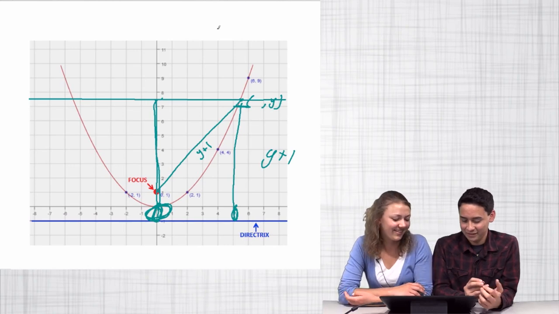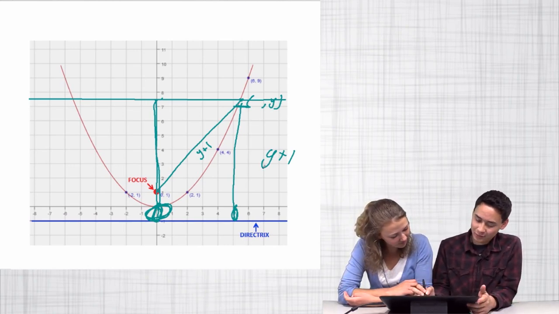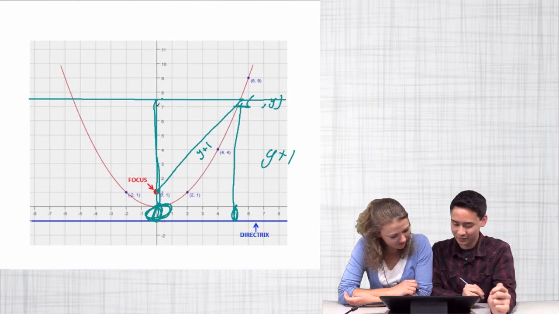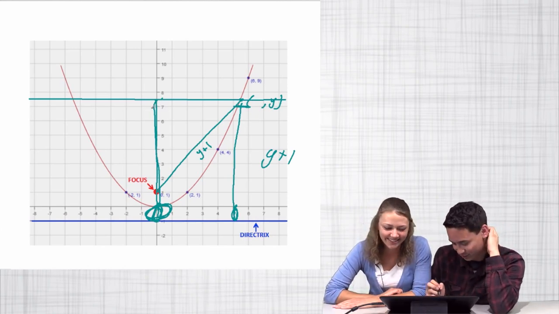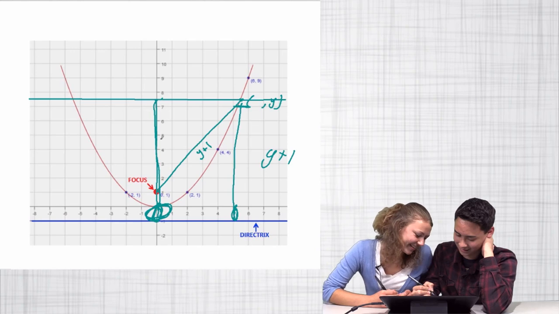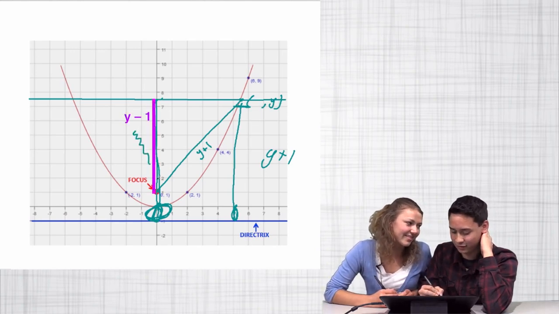Okay, so our y plus 1. Okay, so we have... oh no, I don't. You don't got it? He kept saying he's got it, but he doesn't got it. What are you trying to find, Keoni? This, y minus 1, the units here.